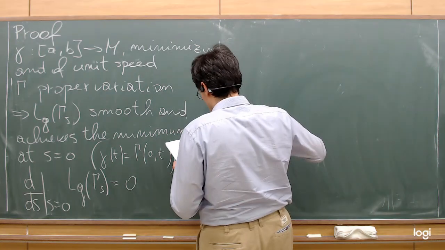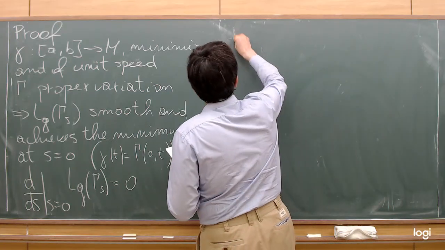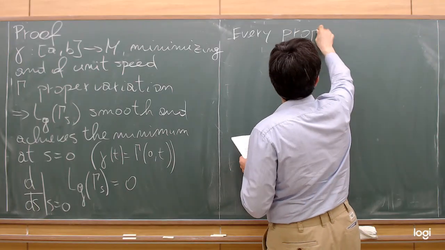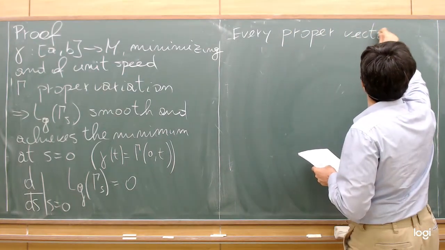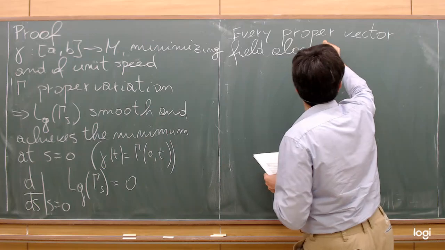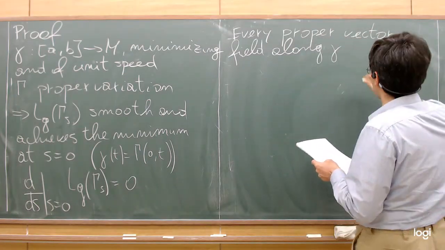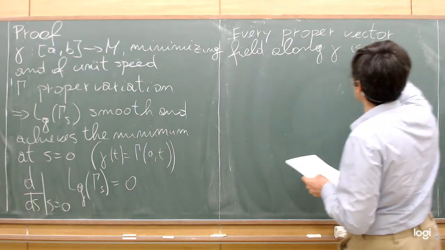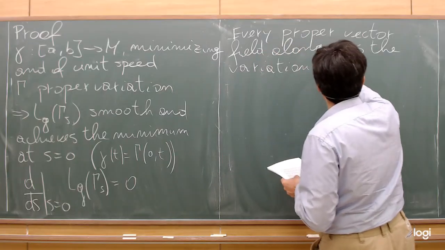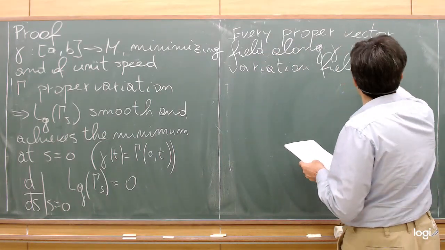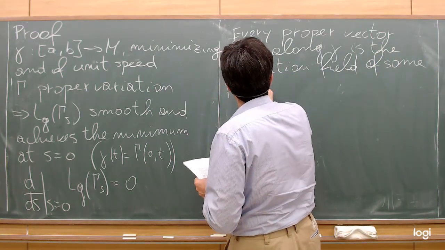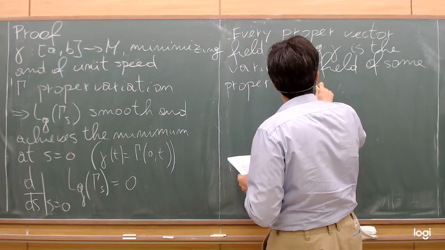Then let's observe that every proper vector field along gamma is the variation field of some proper variation.